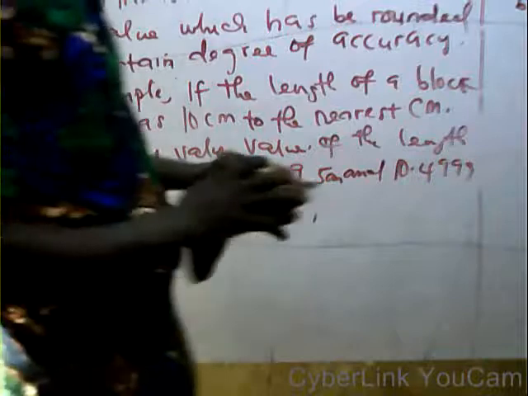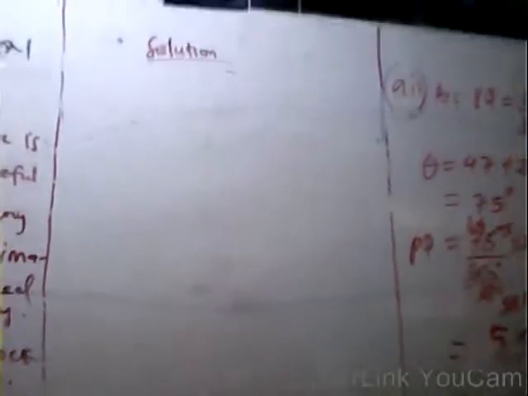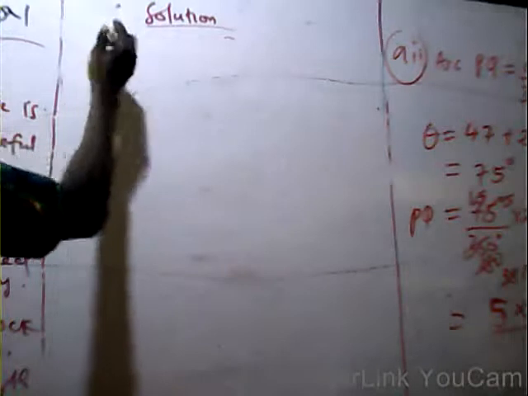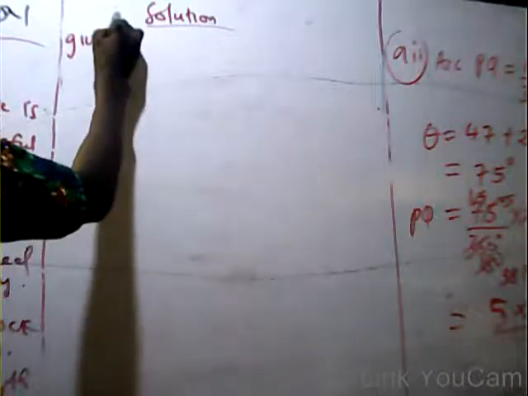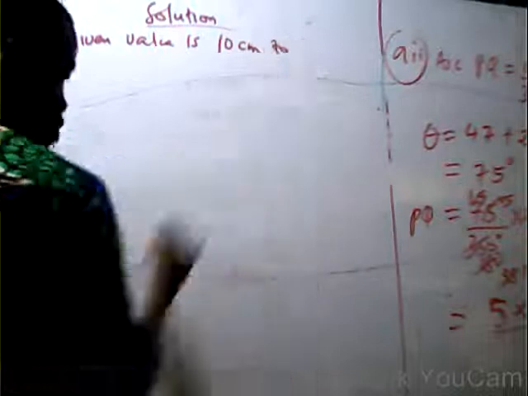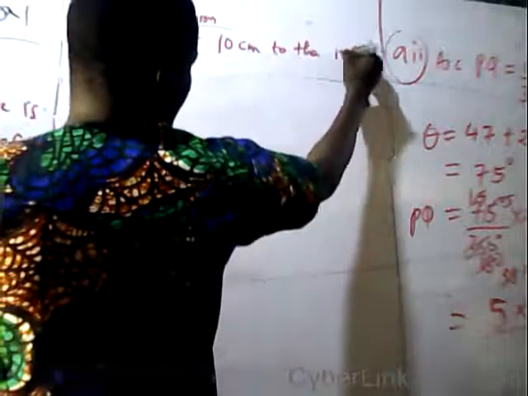Let's look at it. Say the value is given as 10 centimeter. So the given value is 10 centimeter to the nearest centimeter.